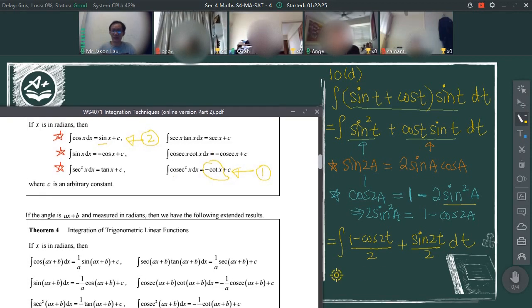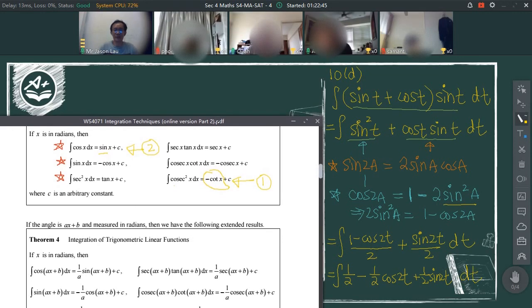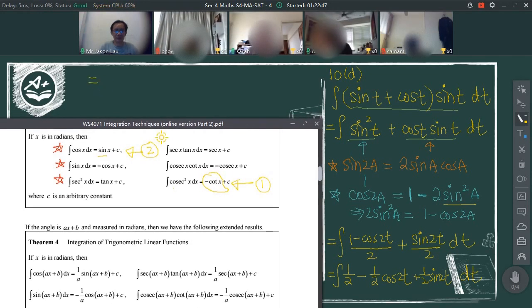Then after that, we just separate it into the two fractions. Then we integrate term by term using the formula as shown.